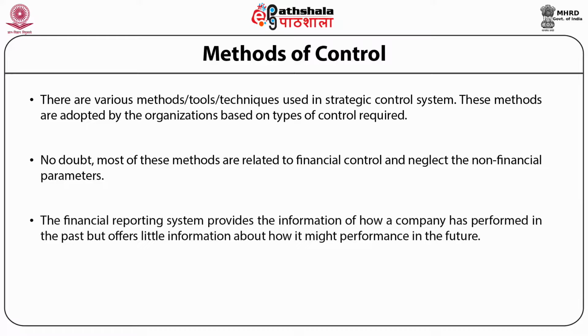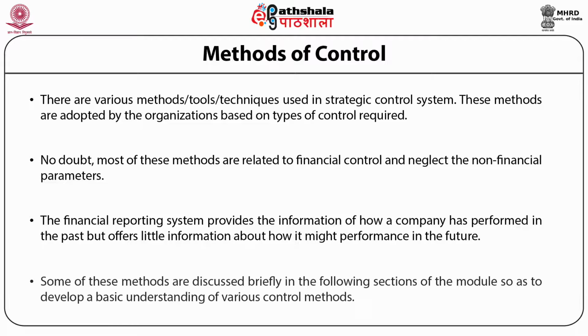The financial reporting system provides information on how a company has performed in the past, but offers little information about how it might perform in the future. Some of these methods are discussed briefly in the following section of the module so as to develop a basic understanding of various control methods.